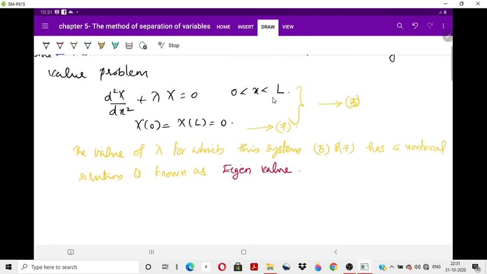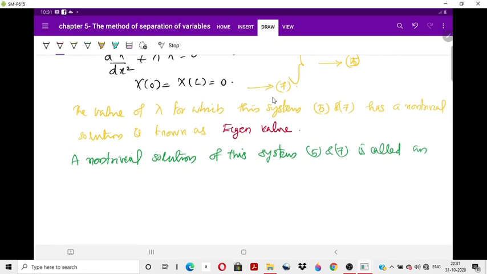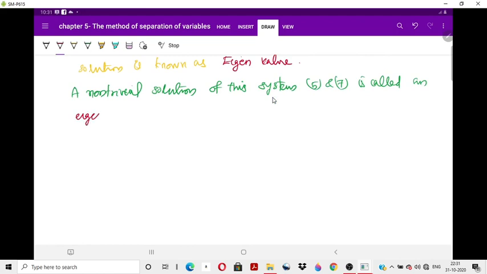Now a non-trivial solution of this system 5 and 7 is called an eigenfunction of the problem with an eigenvalue lambda.